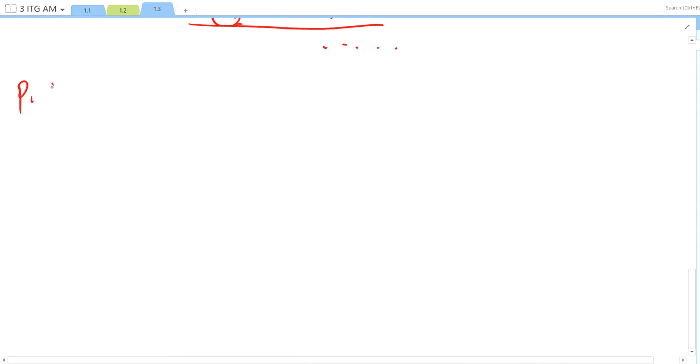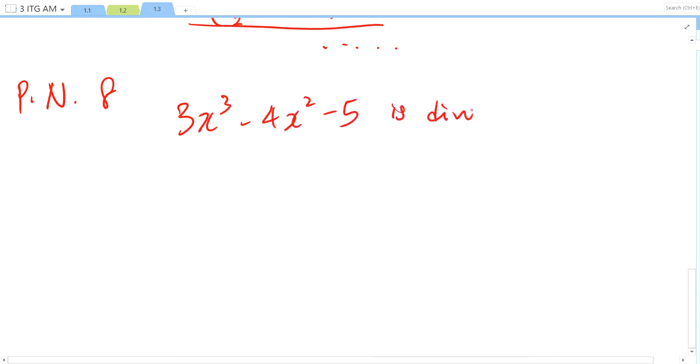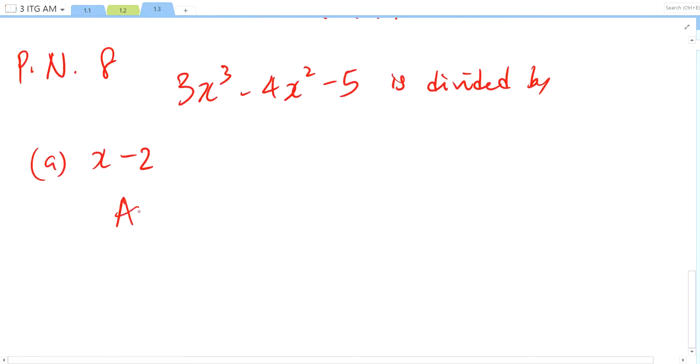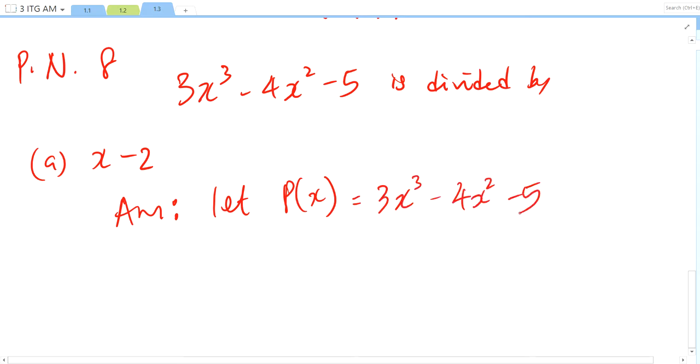Practice now. 8. Find the remainder when 3x cubed minus 4x squared minus 5 is divided by part A, x minus 2. So the steps are, let p(x) be equal to 3x cubed minus 4x squared minus 5.